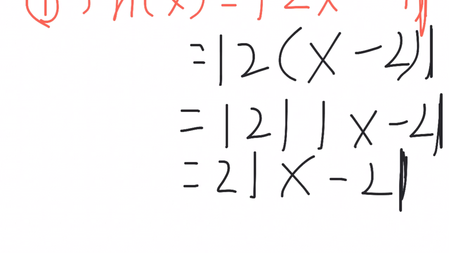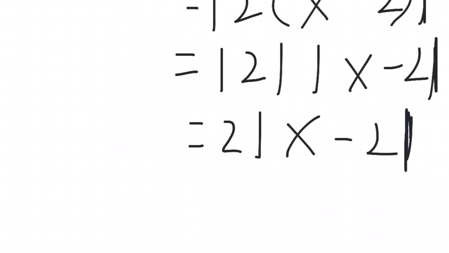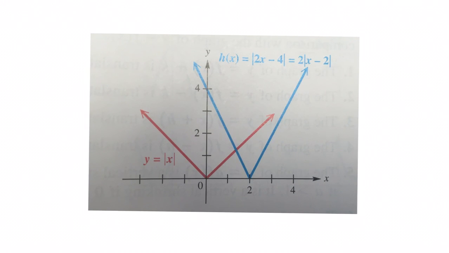So now we know that the absolute value function was shifted to the right 2 units and also stretched by a factor of 2. Stretched vertically. If you were to graph that now, notice from the original function in red to the transformation, the vertex is shifted to the right 2, which is where the minus 2 comes from.